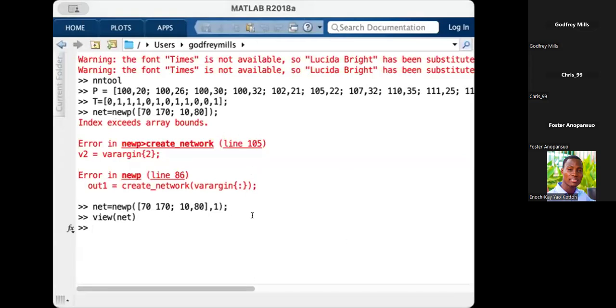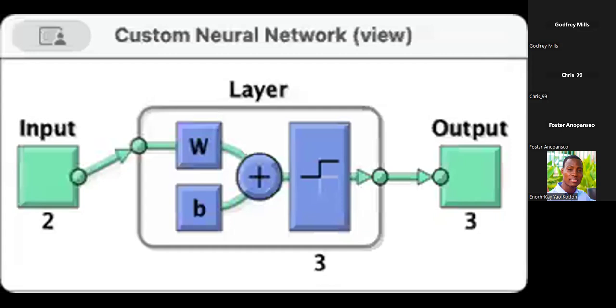So now let me come back here and change it to 3 neurons. And then I say now view my net. Now let me share with you what you are seeing here. When you do that, it is telling me that I have 3 neurons.